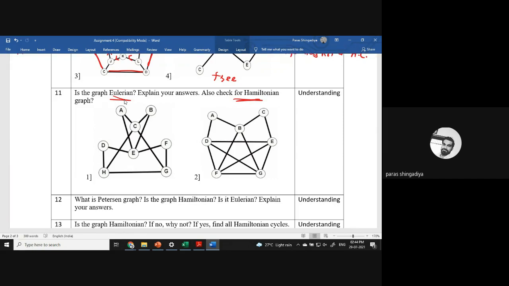All of you have done it? Yeah, nice. Let's check for the first graph. First verify the Euler or not.